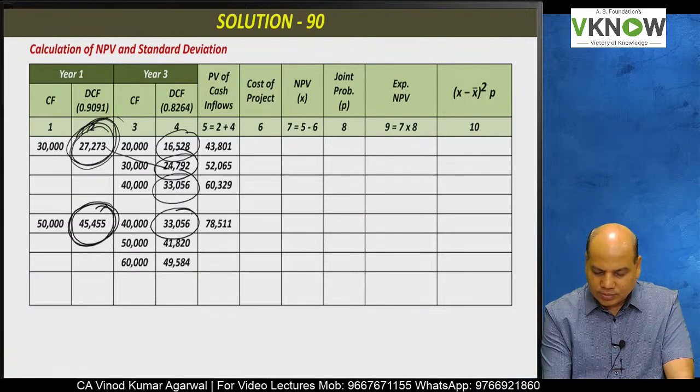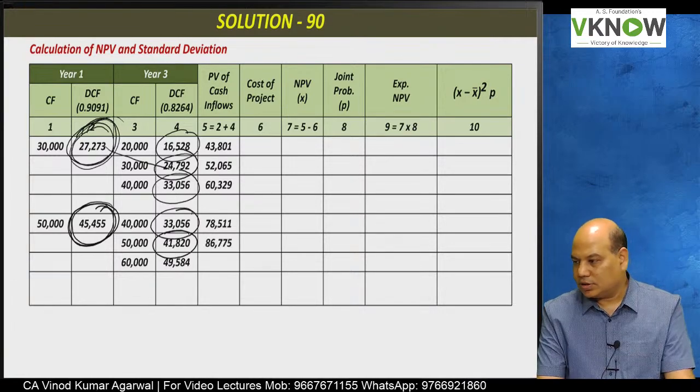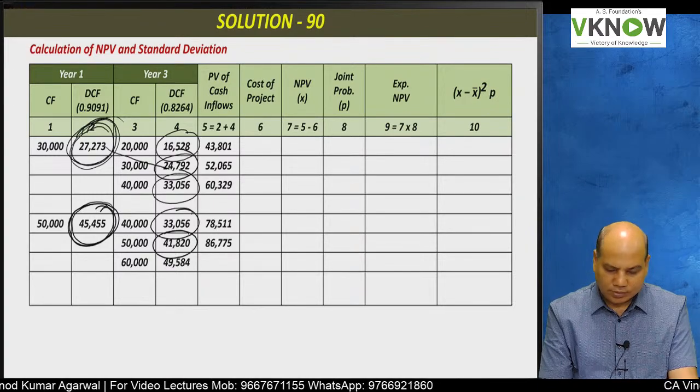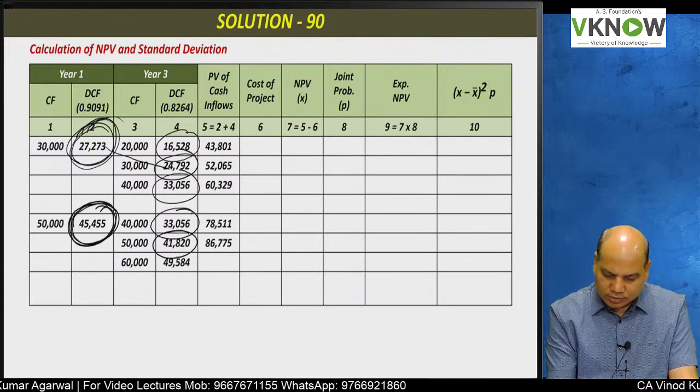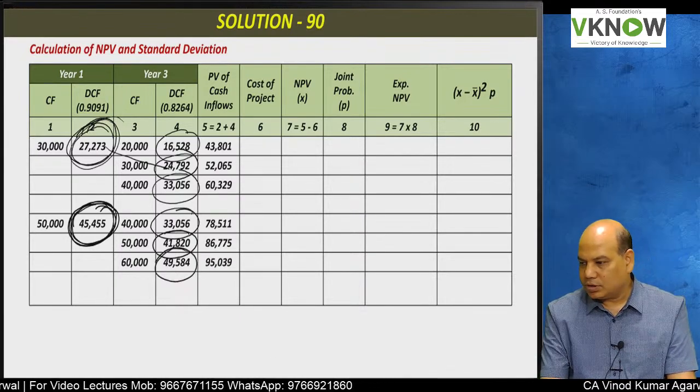Again: 86,775. And this number and this number again: 95,039.